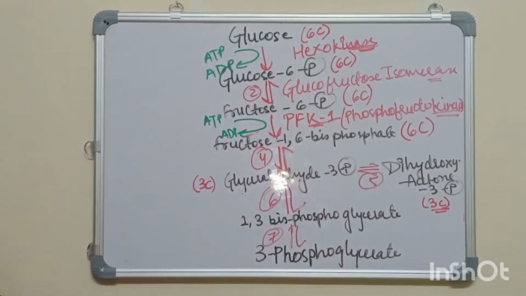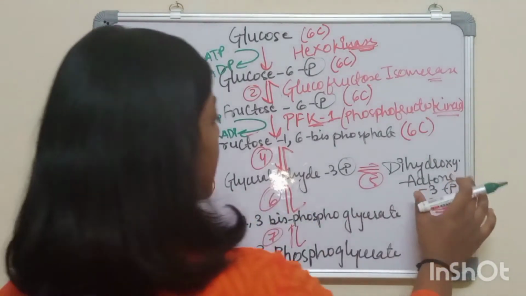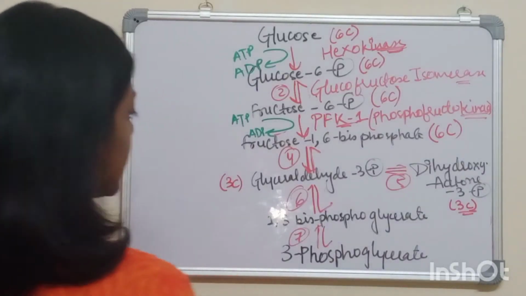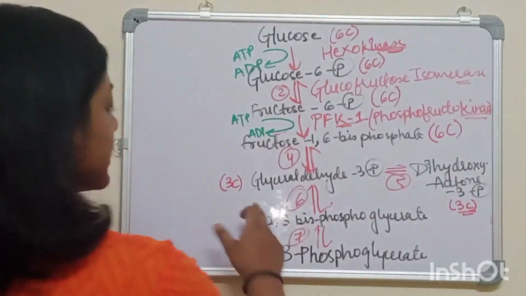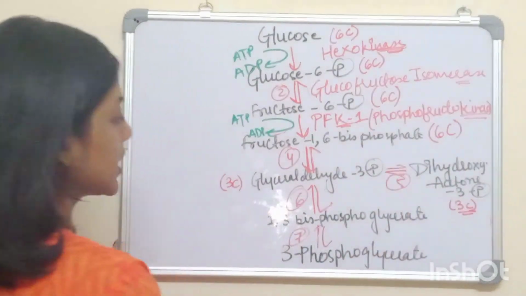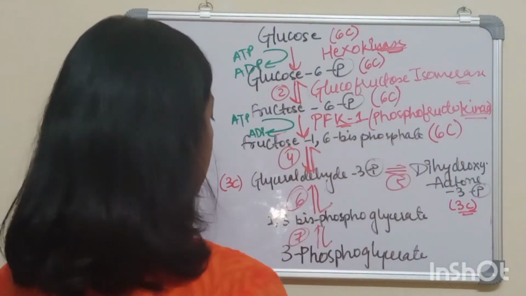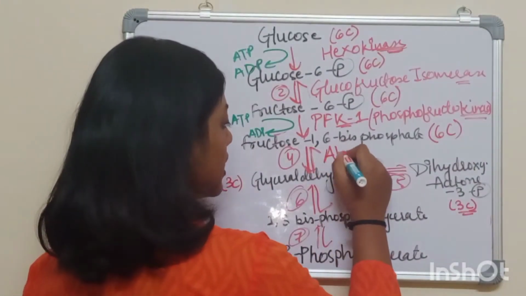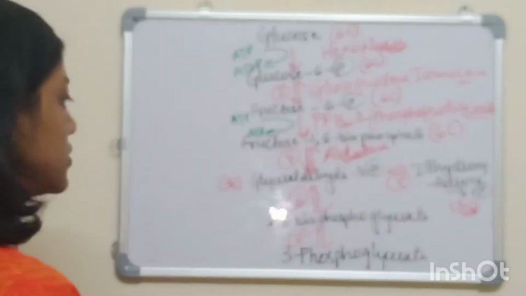Now the fructose 1,6-bisphosphate is converted to glyceraldehyde 3-phosphate and dihydroxyacetone 3-phosphate. These two are 3-carbon molecules. So fructose 1,6-bisphosphate gets converted into glyceraldehyde and dihydroxyacetone by an enzyme known as aldolase. Aldolase is the enzyme that cleaves complex molecules into simpler ones.